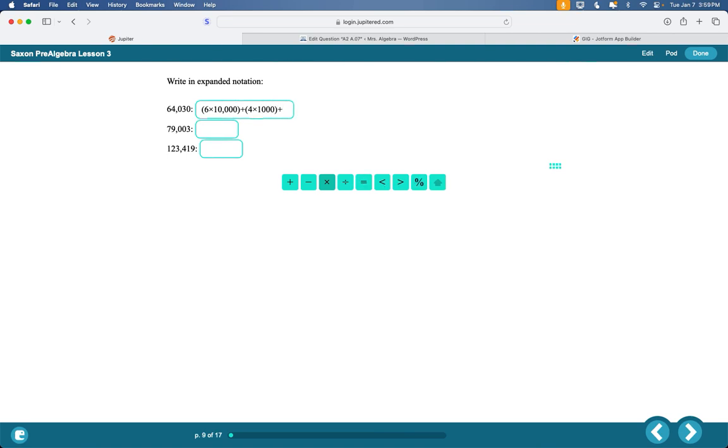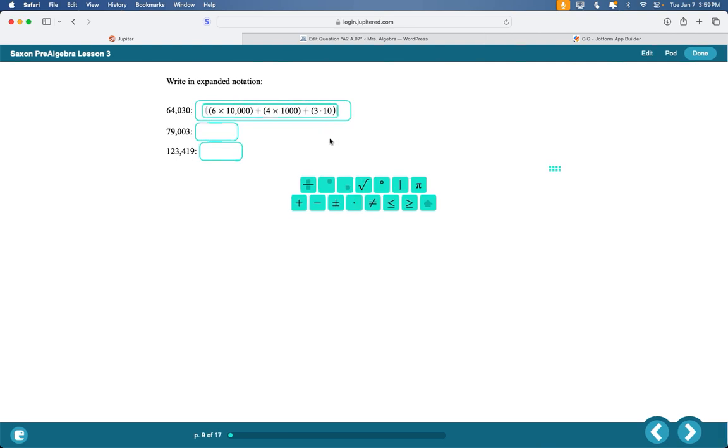Plus 3 times 10. And I'm going to mix it up just to show you that it will take it either way. 3 times 10. So you don't want to have a double parenthesis there. You don't want to have 2 of those. Okay. So make sure you only have 1 set of parentheses around each of those.